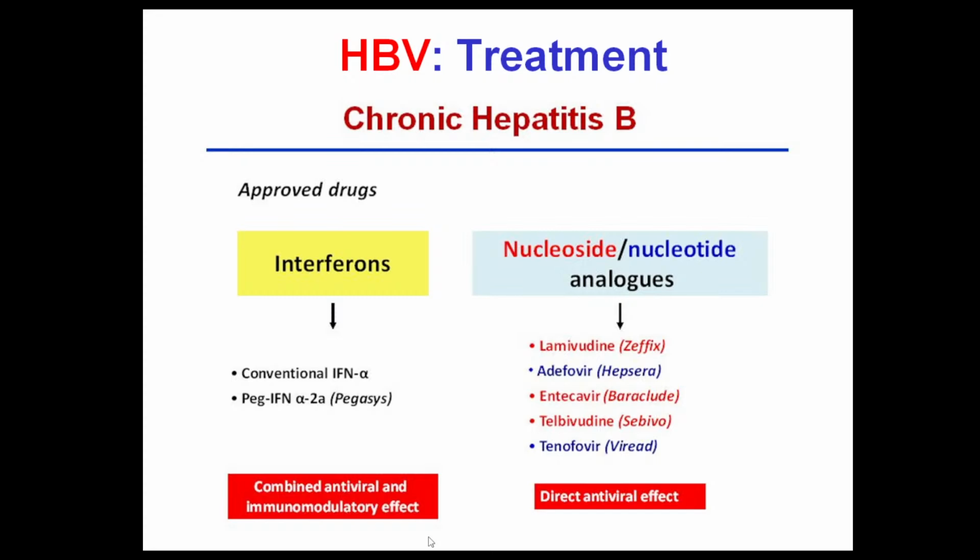So, that's for treatment we use. What drugs are approved for hepatitis B? Interferons. Why can interferon be used? My dears, do remember that interferons are effective against RNA viruses but not DNA viruses.